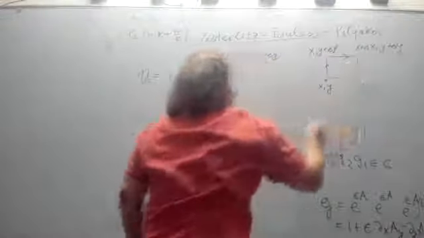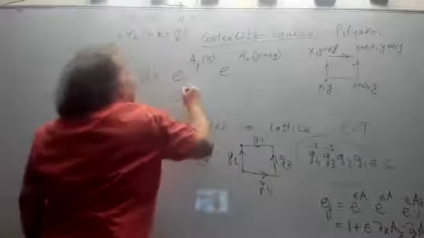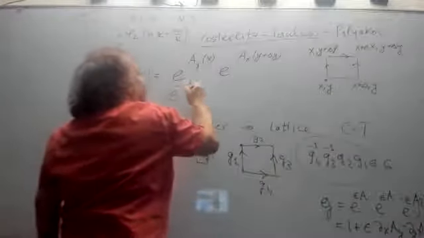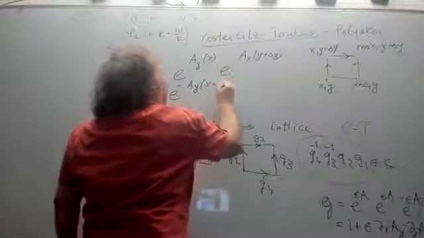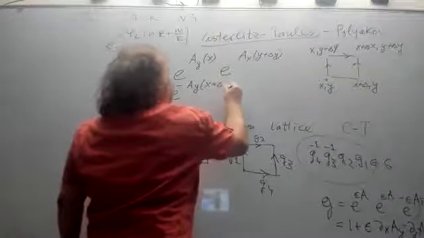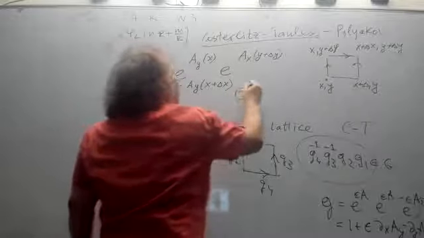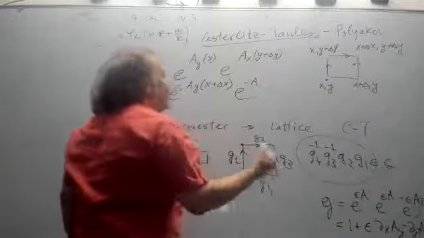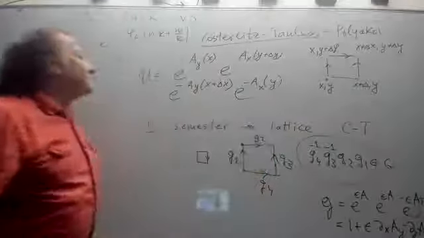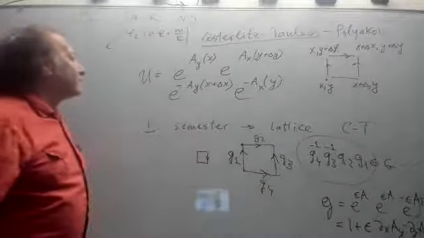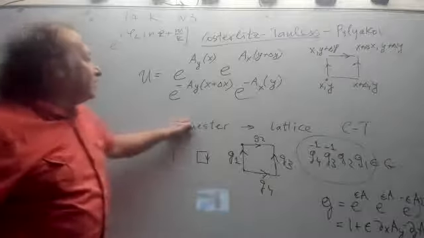Here. e to the minus a_y at x plus delta x. e to the minus a_x. Okay? And then you expand.